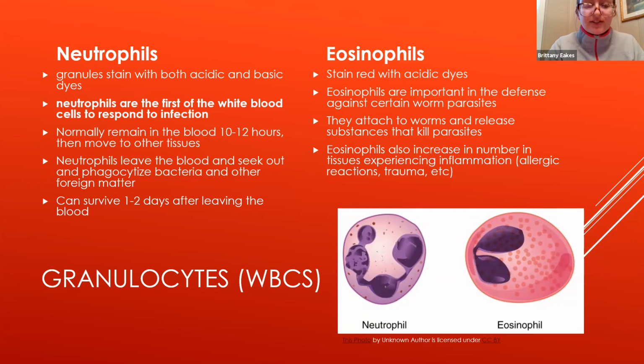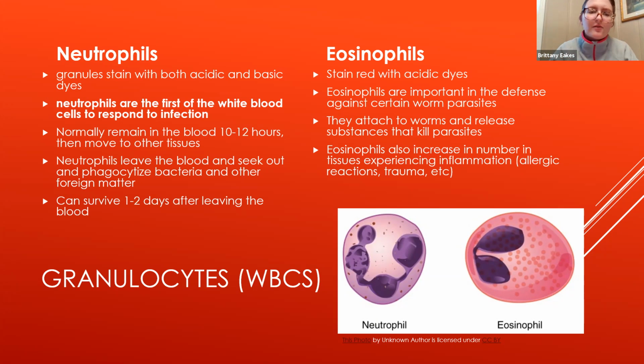The granulocytes, the ones that we can see under the microscope, you do have to know these different types because certain white blood cells go to certain injury sites. So you have your neutrophils, and there's a little picture down there. You can see it has 4 lobes. They stain under that staining preparation with both acidic and basic dyes.